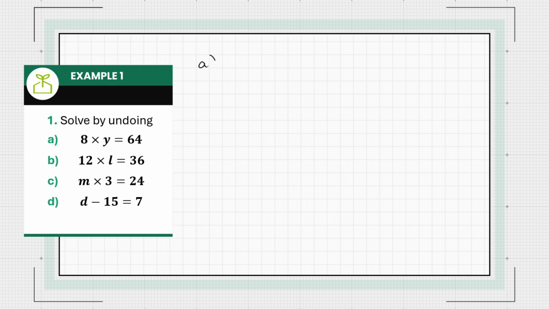So if we look at our first one, A, we have 8 times y is equal to 64. Now our polynomial here of interest is y, and what have we changed? Well, we've multiplied it by 8 to get to 64, right? 8 times y became 64. So what we can do to undo that is instead divide by 8, and we should go back to whatever y originally was.